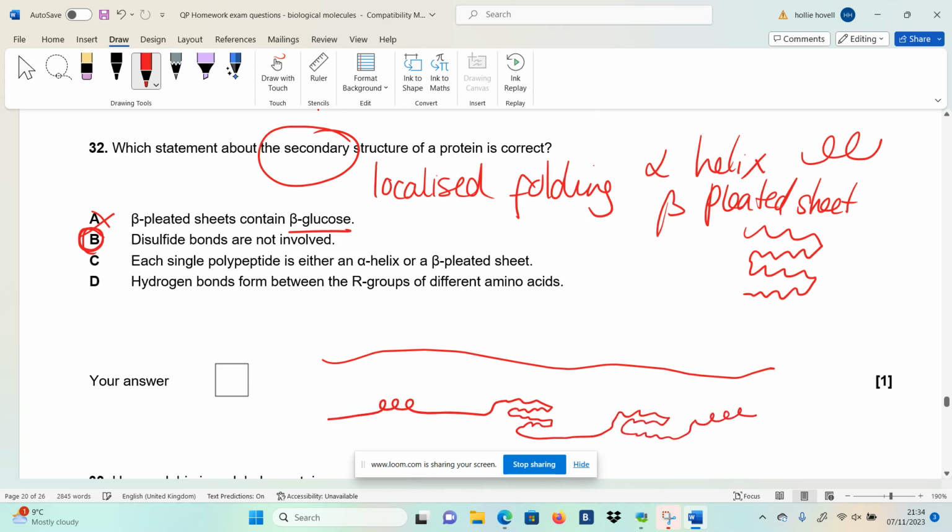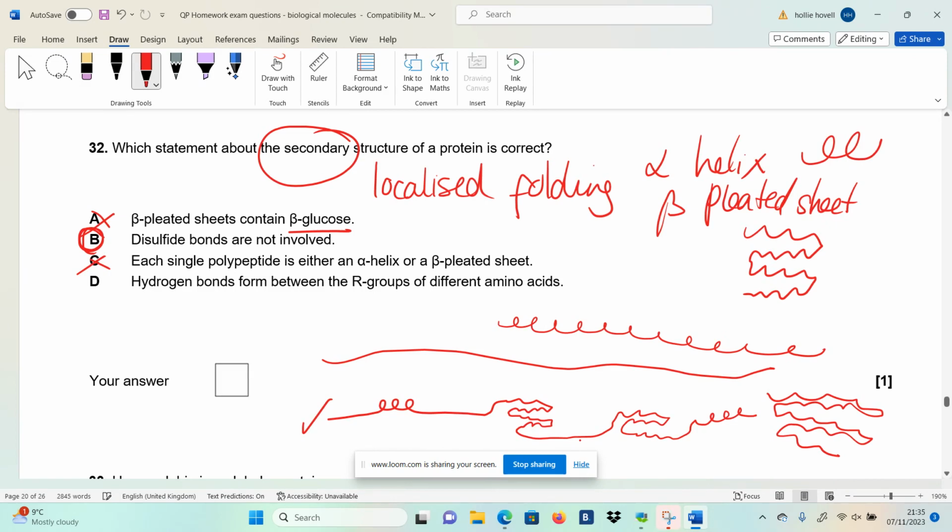So one polypeptide can have areas of both types of folding. So it's not that a single polypeptide needs to be all alpha helix or all beta pleated sheet. That's not how it is. It can have elements of both types. So that's not right. And hydrogen bonds form between the R groups of different amino acids.